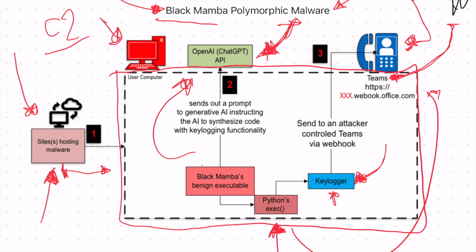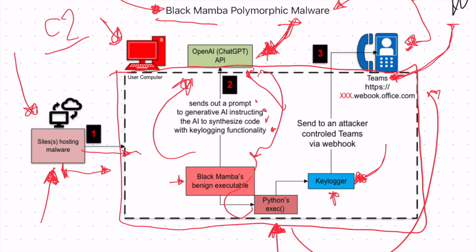Where the BlackMamba, once it's been installed on your device, first starts with benign executables. So it sends out a prompt to generative AI, instructing the AI to synthesize code with keylogging functionality. Then OpenAI, ChatGPT for example, generates that and sends it back.